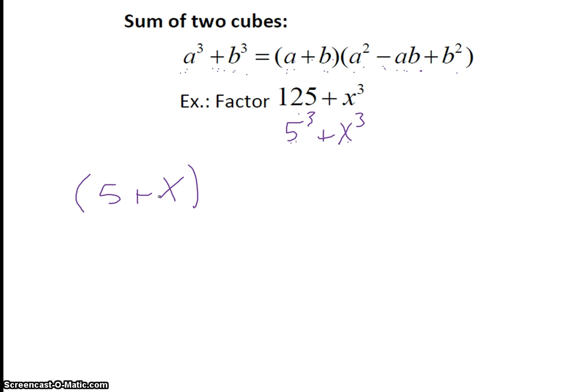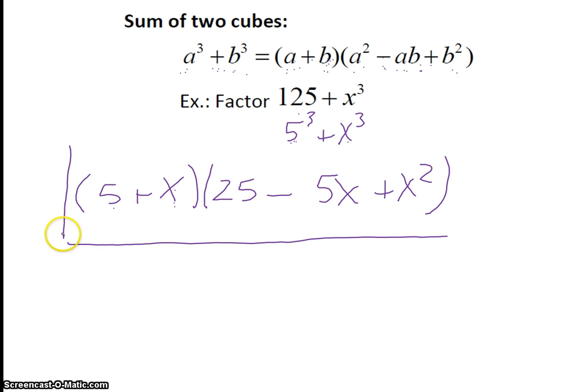So it's 5 plus x, and then it's a squared, so 5 squared, or 25, and then minus a times b, so 5 times x is 5x, and then plus b squared, which is x squared. And that is how you factor using the sum of two cubes formula.